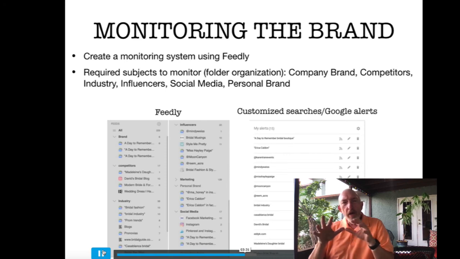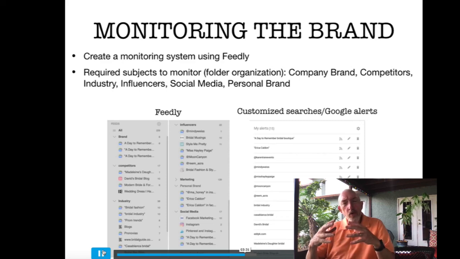Let me take a look here. I don't think I have Feedly up, so I'm not going to give you any sort of demo with regard to Feedly. I don't like to do specific demos because you've got a number of choices that you can use.